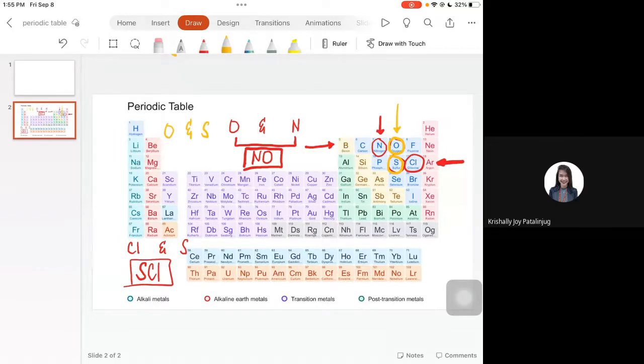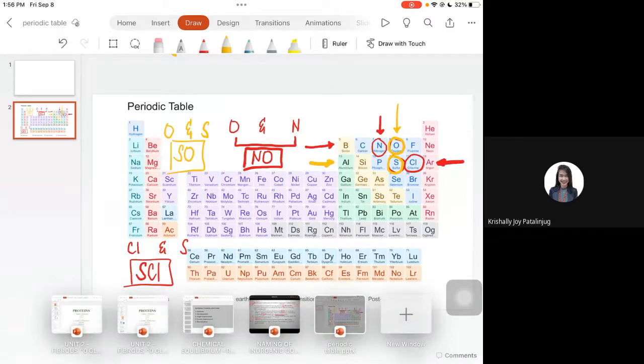Letter B says the element in the lower part is written first. So sulfur comes first, followed by oxygen. That would be the compound you will derive from the given combination of nonmetals.